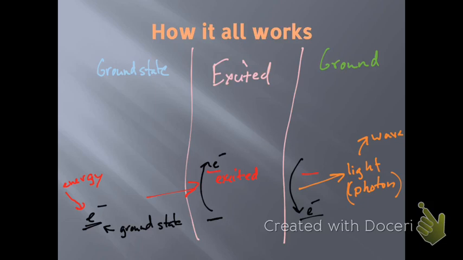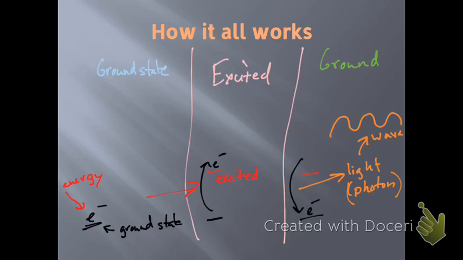So the light it gives off is a wave. If you look at the light that's given off through a spectrum or some kind of diffraction grating, you can actually see the exact waves it gives off. It can give off several waves, but what I want you to get is that the wave of light has a certain wavelength, and the wavelength determines the color.